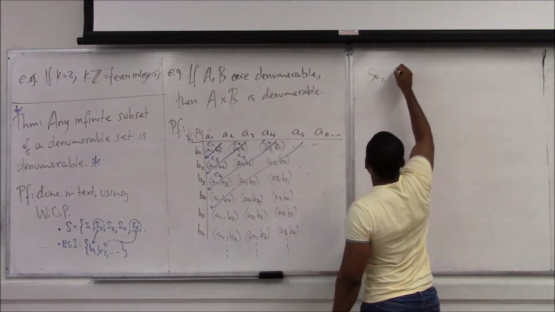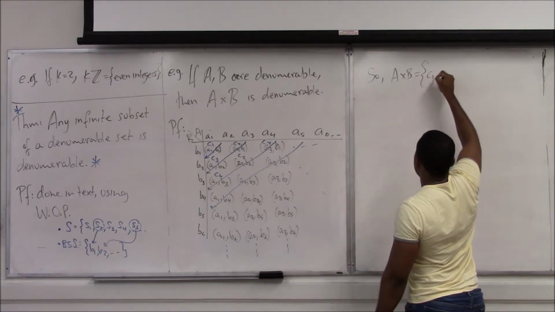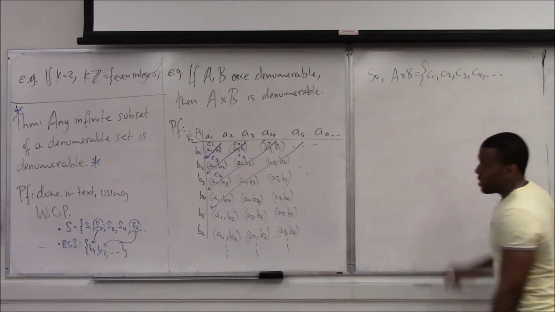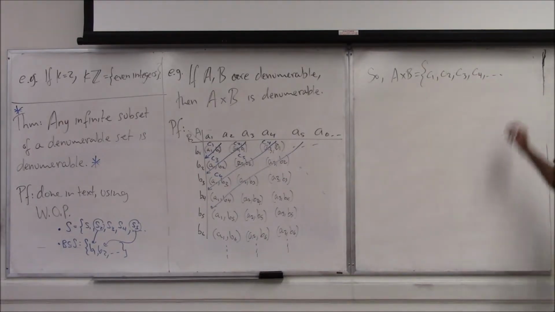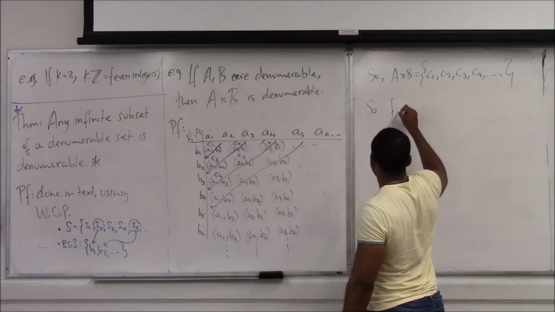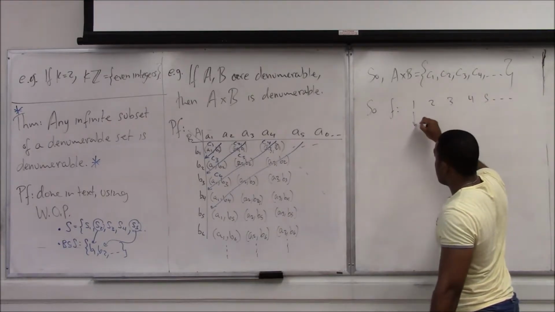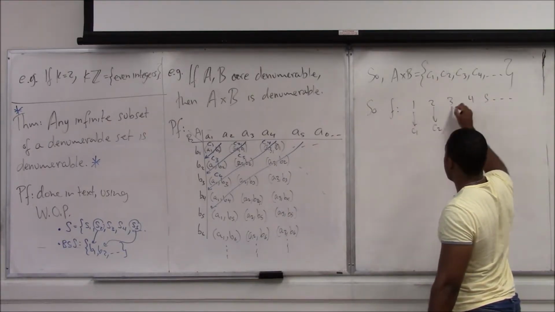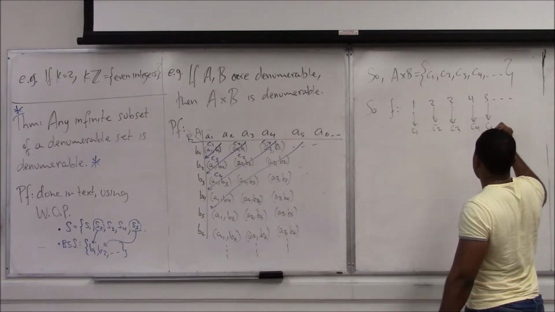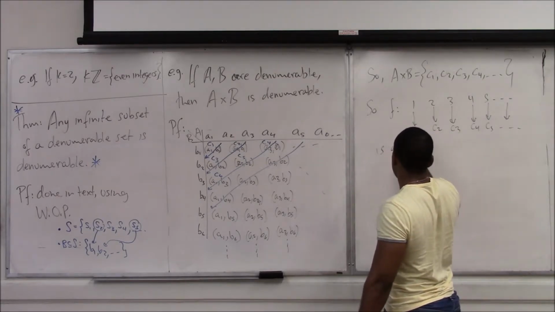I can think of A cross B as the set containing the elements C1, C2, C3, C4. Clearly I will never miss anyone by doing this strategy. And so I take F from 1, 2, 3, 4, 5: 1 maps to C1, 2 maps to C2, 3 maps to C3, 4 maps to C4, 5 maps to C5, and so on. This is a bijection.